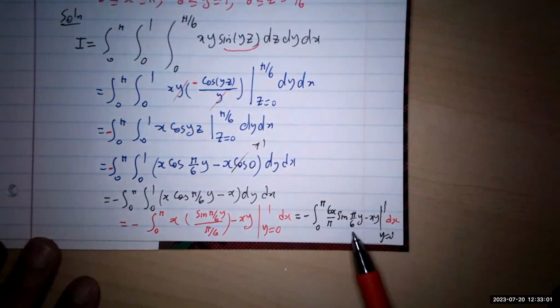If you put y equal to 0, you get nothing, but if you put y equal to 1, this can be done because of the sine of pi/6.